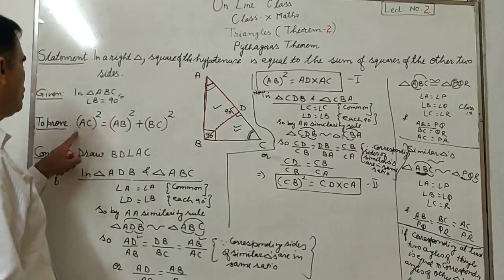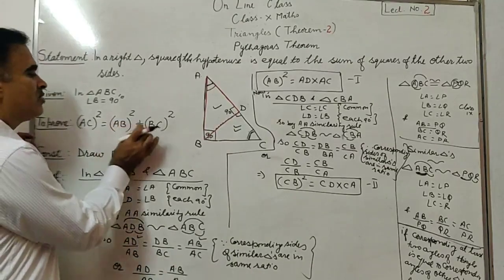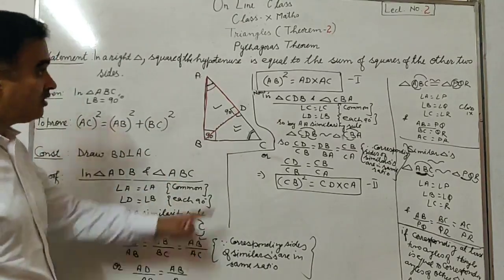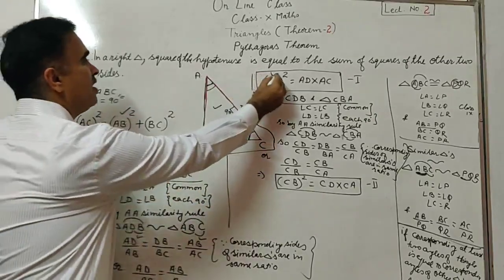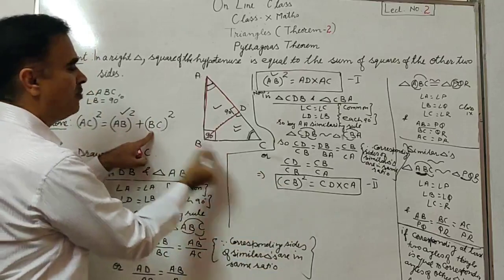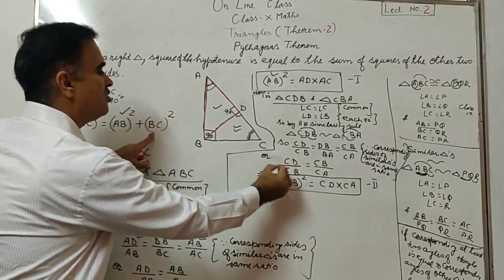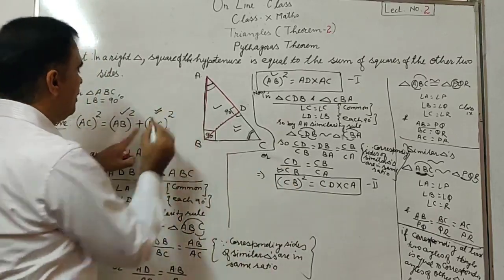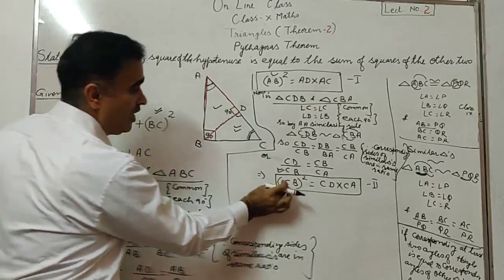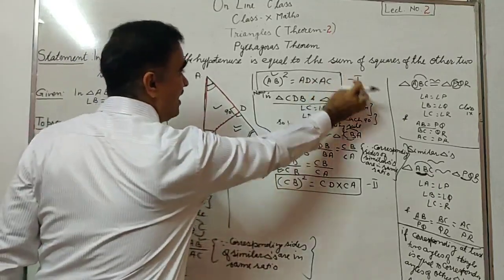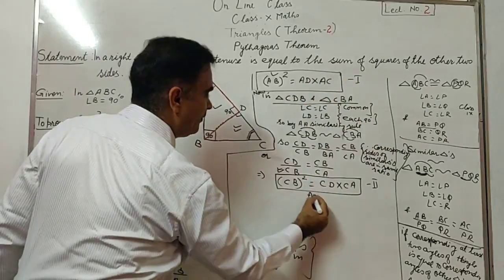Now see where we have to go. We have to prove AC square equal to AB square plus BC square. We got AB square here, and CB square or BC square in the same way. So here, what is the sign in between? Plus. So we have to add first and second.